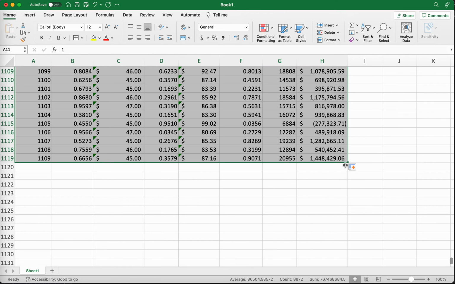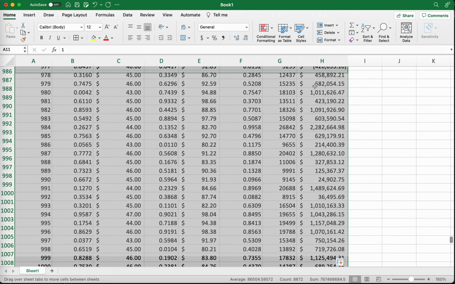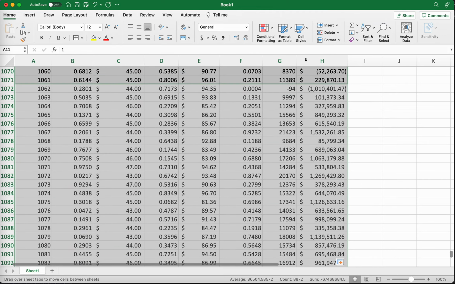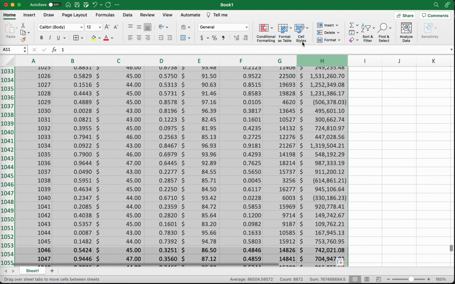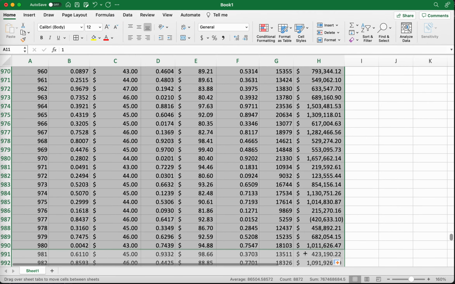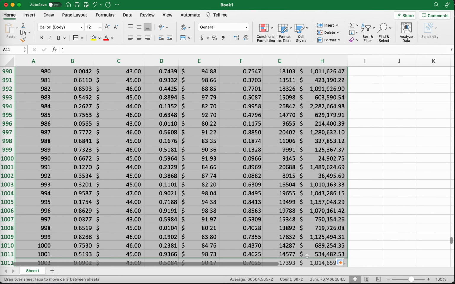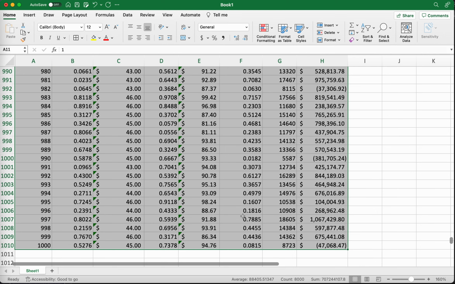That's a little bit more than what I want to do. Let me bring it down to 1,000. Going too fast. There you go. 1,000 simulations exactly. You'll notice that some of these profit values are negative, so we are making a loss sometimes.